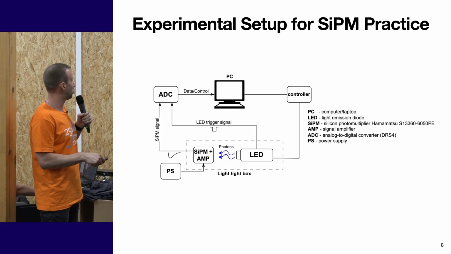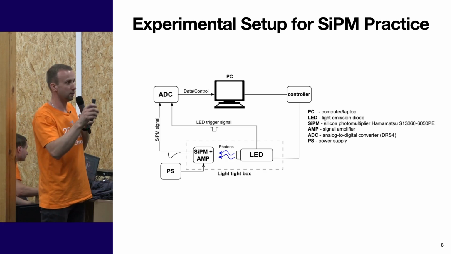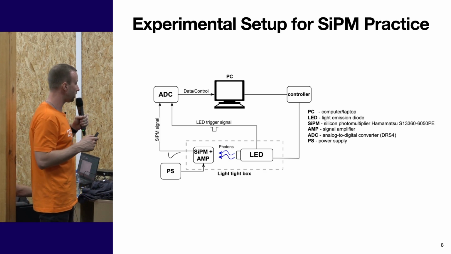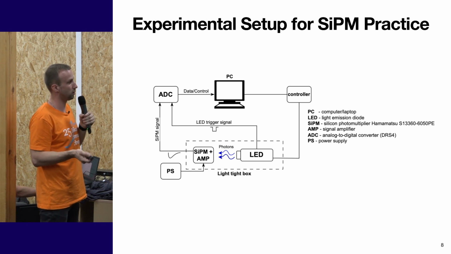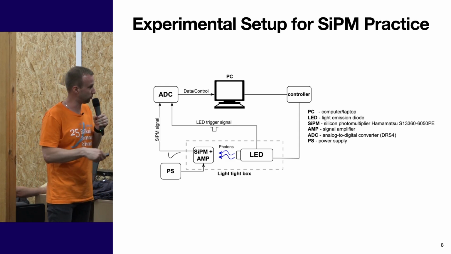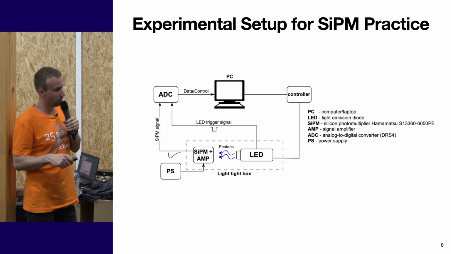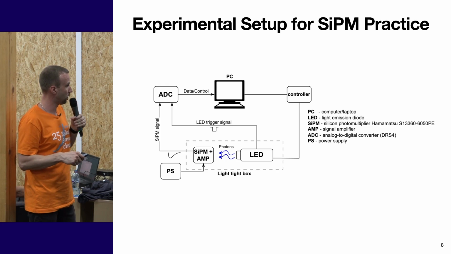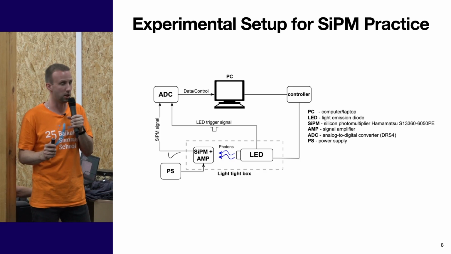Right now, we also have the LED, as I said, and we can adjust the light of this LED. We also prepared our setup, but to calibrate the silicon photomultiplier, we should work in the so-called single photoelectron mode, where we can still see the zeros on our histogram.